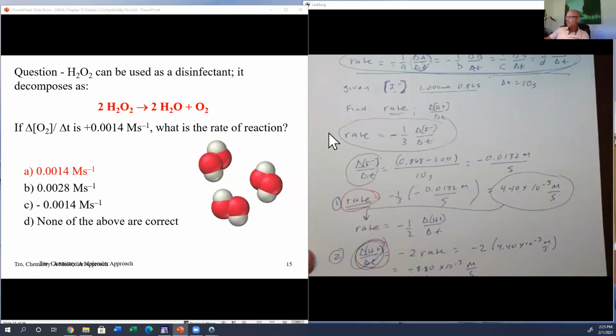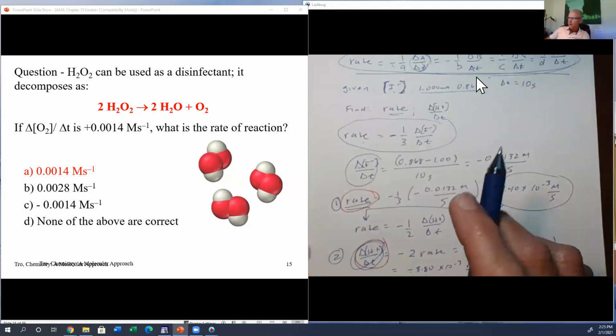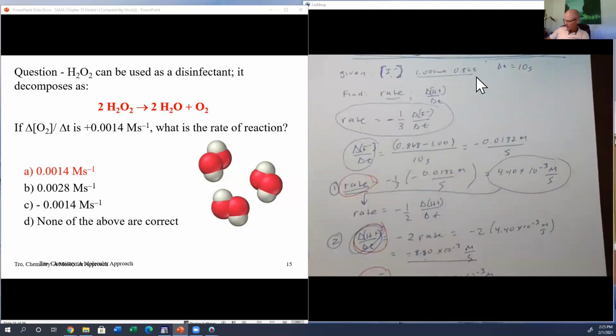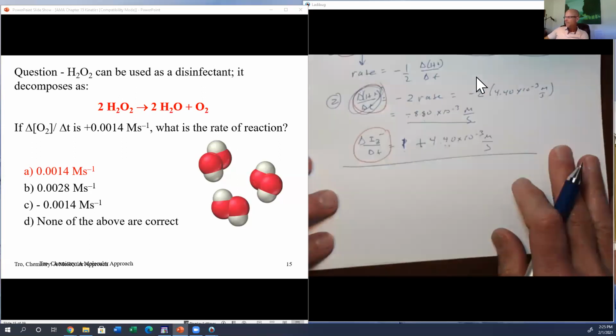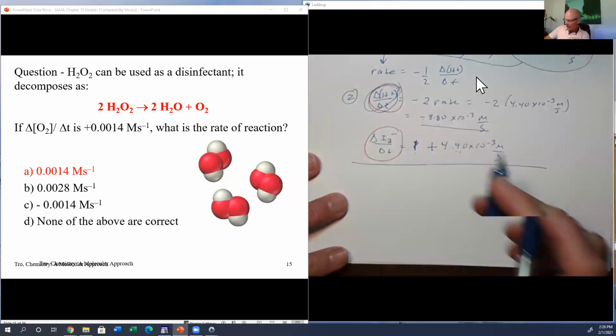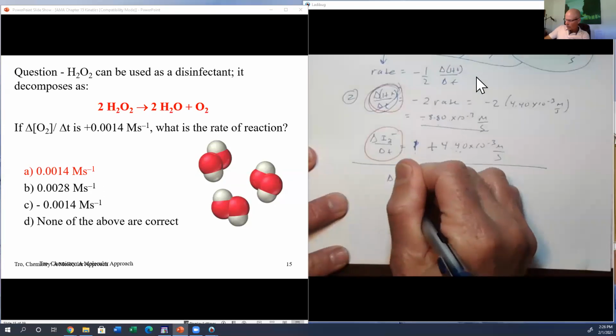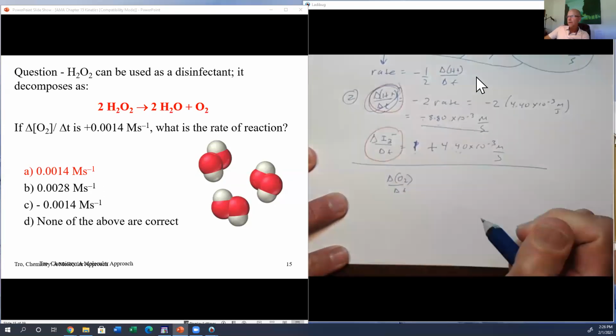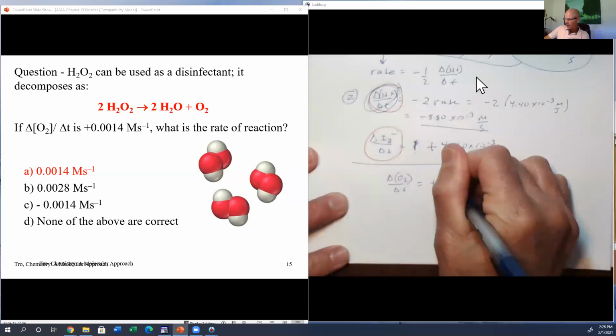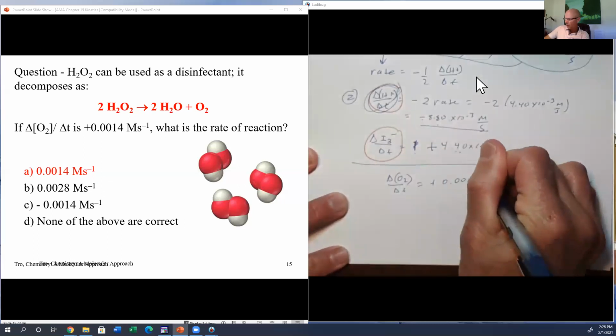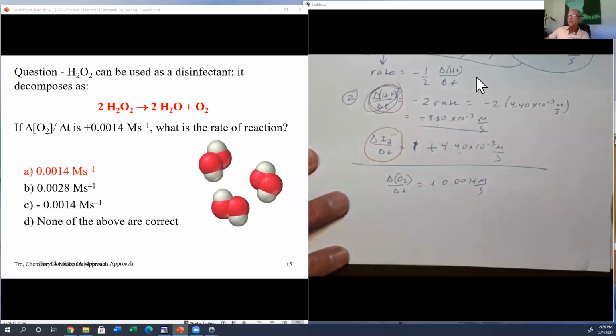So they're giving us delta O2 over delta T, right? And they're telling us that that's plus 0.0014 molar per second. That's the rate of change of a product, and that's why it's positive.